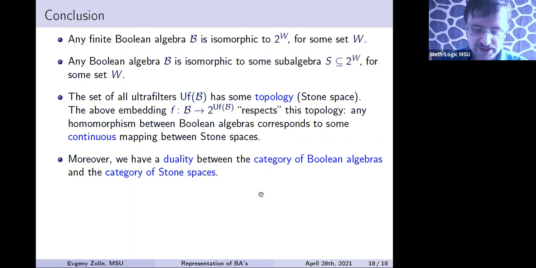There are many results of this kind, some deep results that generalize this theorem to other situations. Okay, so this is the end of this lecture, and we can discuss some questions.